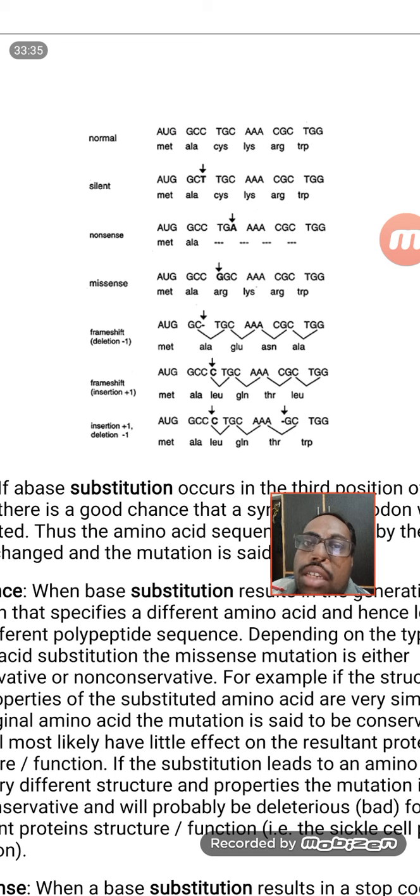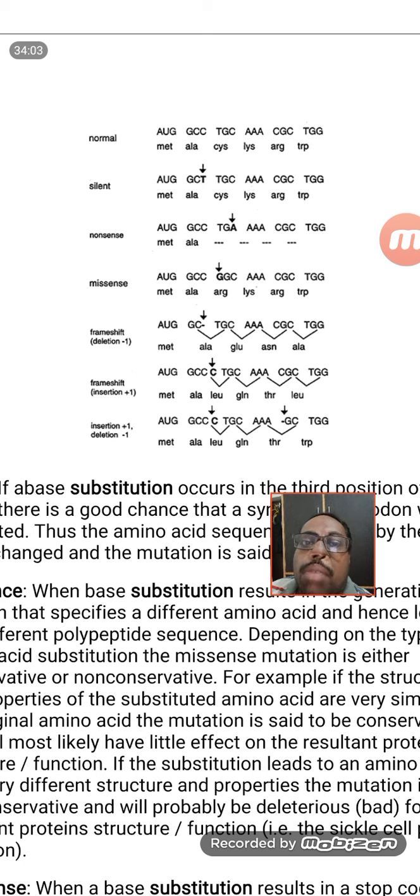That means one C is gone. When that one C is gone, the system will read as GCT, GCA, AAC, GCT, and at the last, GG will not have a codon. So that is known as the frame shift.